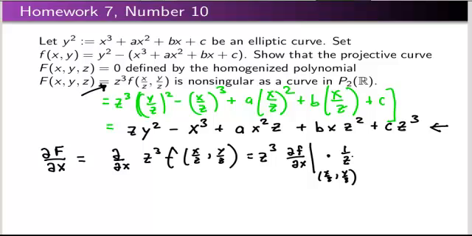Okay, so that's that. And you're going to want to set that equal to 0. And then you do partial f partial y, and you'll set that equal to 0.